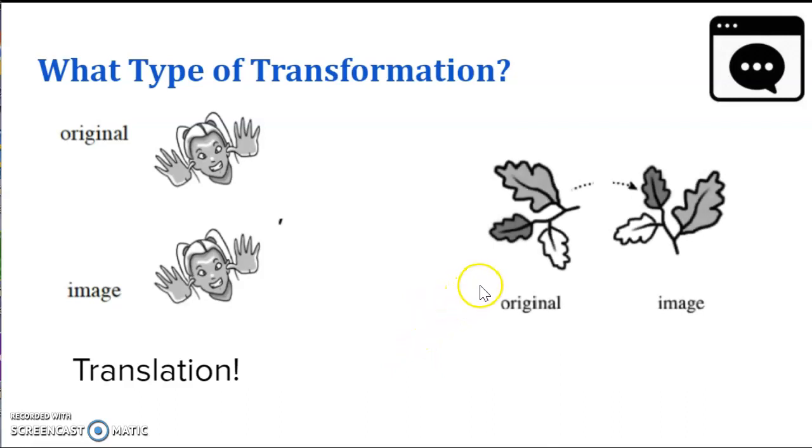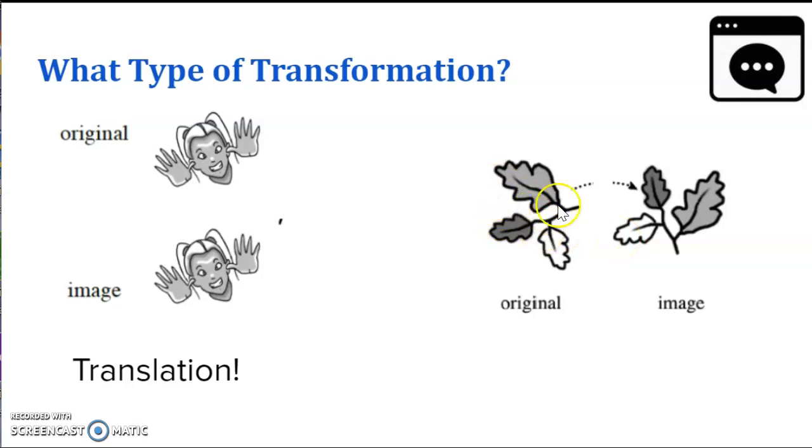What about this one? The original is the image on the left, and after transformation is the image on the right. So it went from the left image to the right image. What's going on? Well, it looks like the shape and the size are the same, but the orientation has changed. Here the white leaf is pointing downwards, but now the white leaf is pointing to the left.